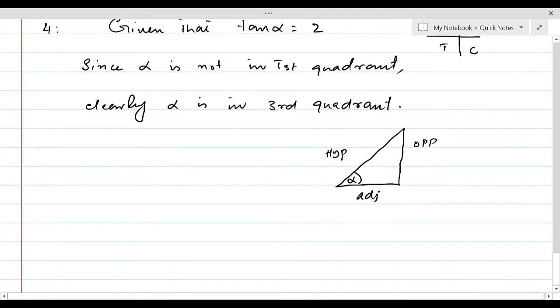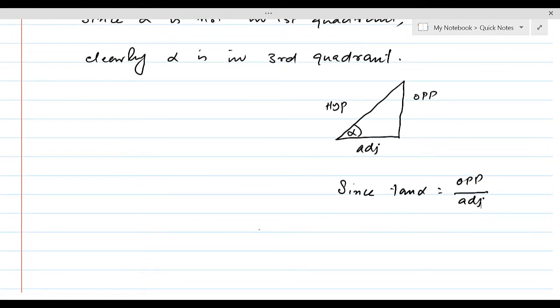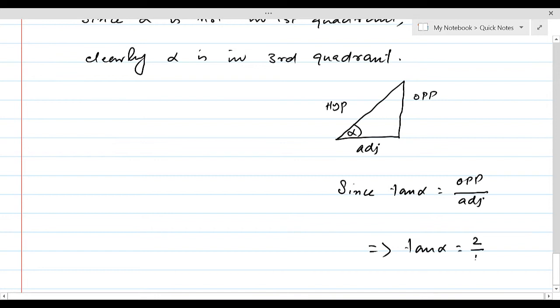We know that tan alpha is equal to opposite over adjacent. So tan alpha is equal to 2 over 1.